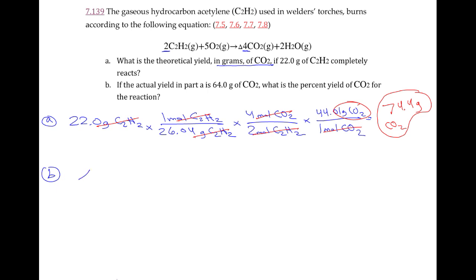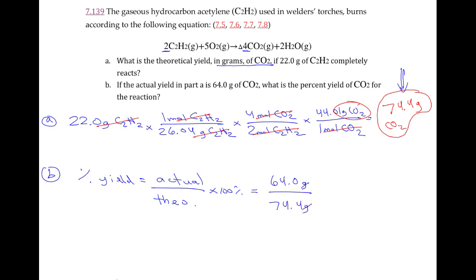So the formula for percent yield is simply the actual mass obtained divided by the theoretical yield. So theoretical yield is in an ideal world. This is the theoretical yield. That's what we should have obtained. So if we just put those numbers into the equation, we get the percent yield is 64.0 grams divided by 74.4 grams.